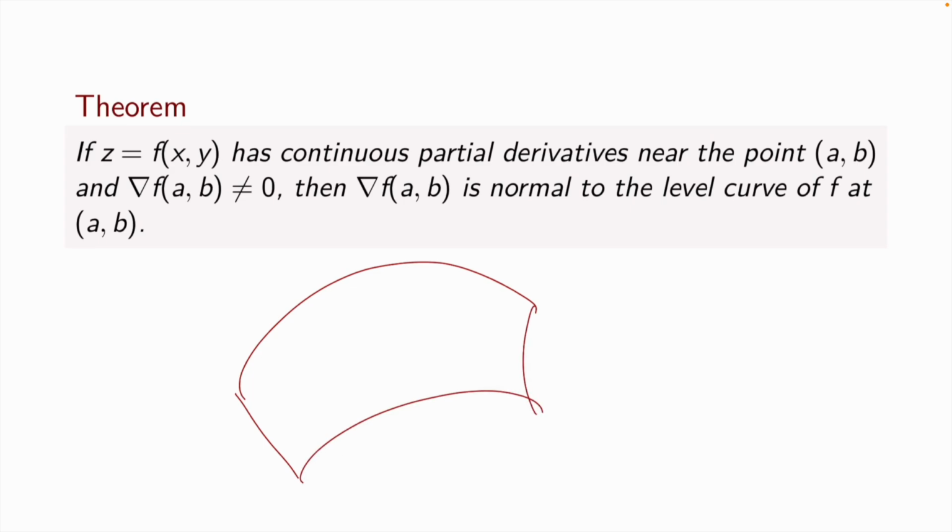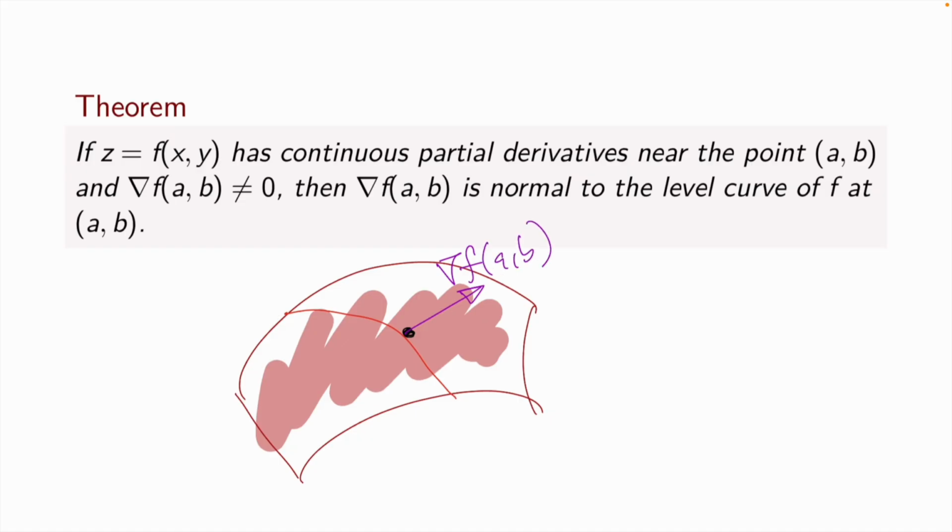So let's suppose that this is the surface here, and at a certain point here we have a level curve. So the direction that is perpendicular to this level curve is going to be the direction of the gradient. I mean, the direction in which this function is growing the fastest.